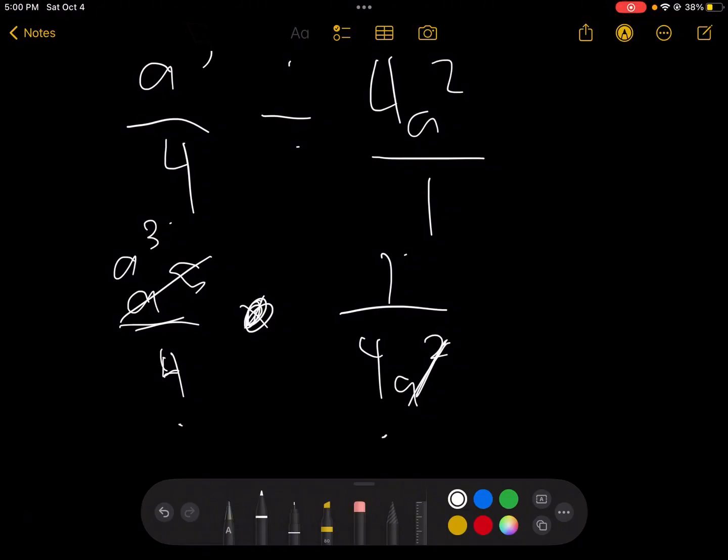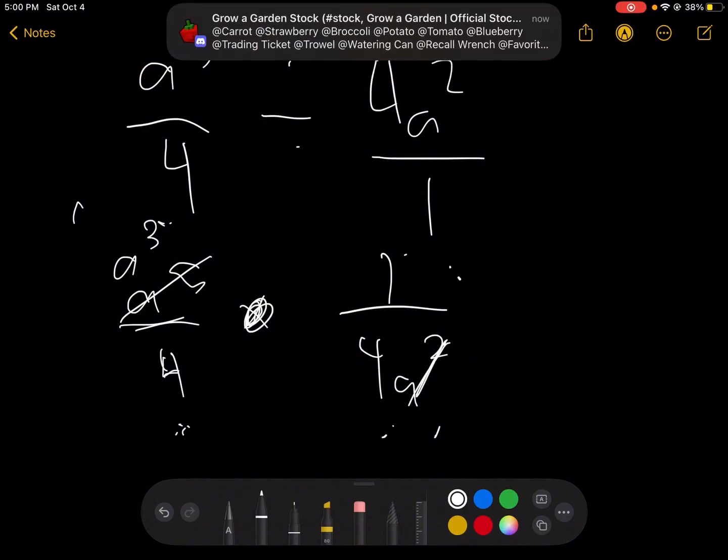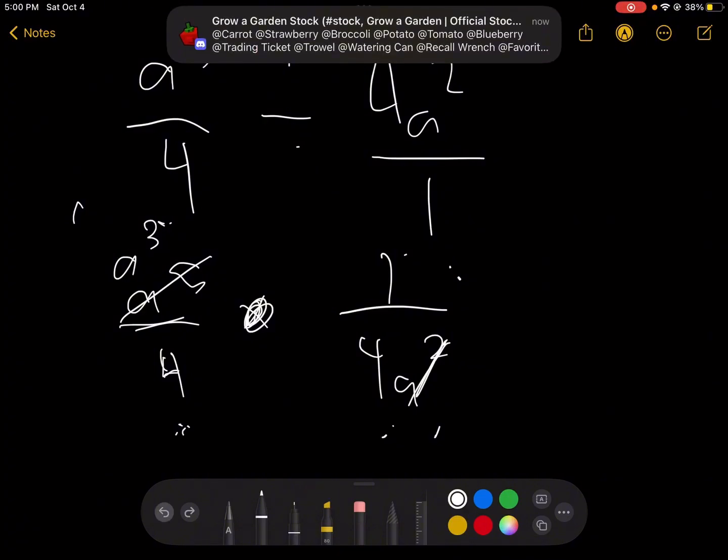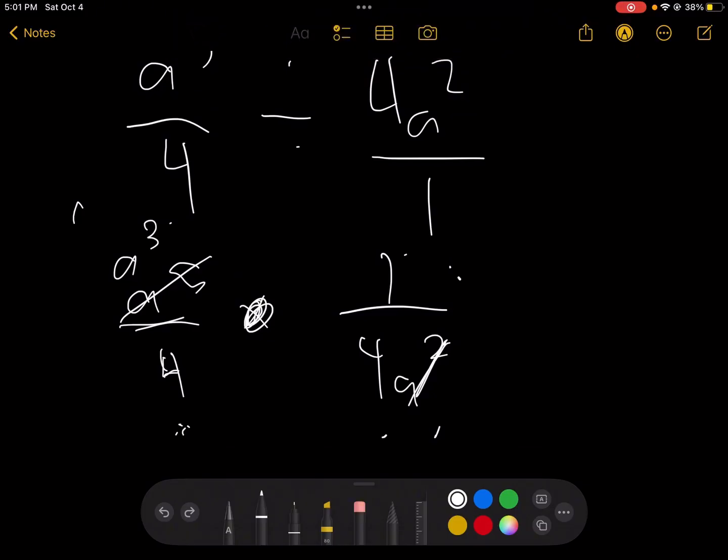You could also divide this way, cancel this and this, or this and this. You cannot, in any circumstances, cancel these out with each other.